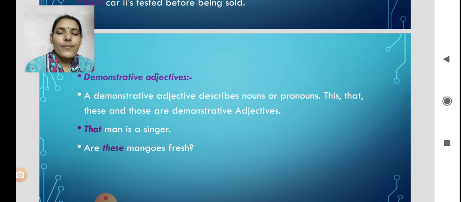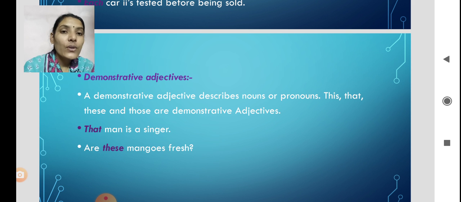Demonstrative adjectives. A demonstrative adjective describes nouns or pronouns. This, that, these and those are demonstrative adjectives. Demonstrative means we can point out any particular thing or any man. That man is a singer.